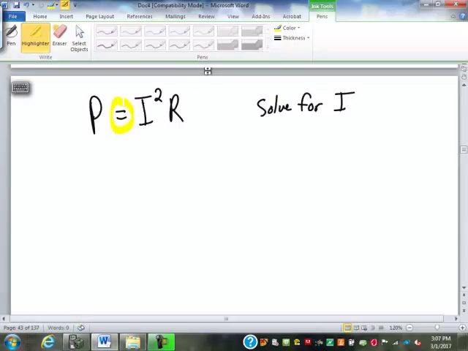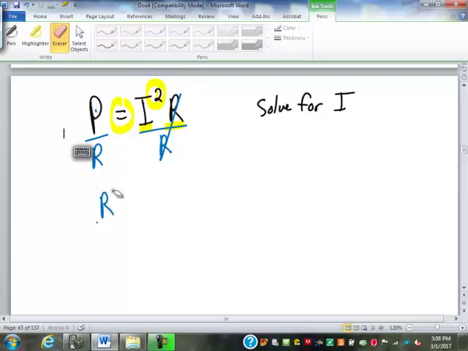Here's my equal sign, and here's I. Now there are two things that have been done to I. I has been squared, and then it was multiplied by R. So to take this apart or to solve it, I would have to reverse it. I would first divide by R, which is canceling that out. So over here, P divided by R is going to be just P over R. What's left on the right side is I squared.